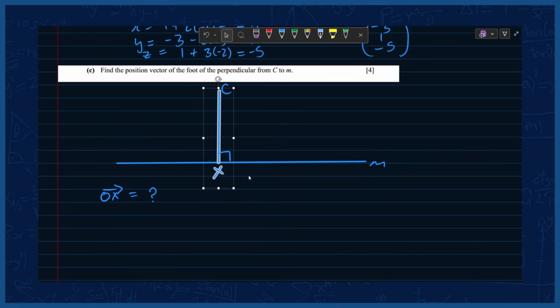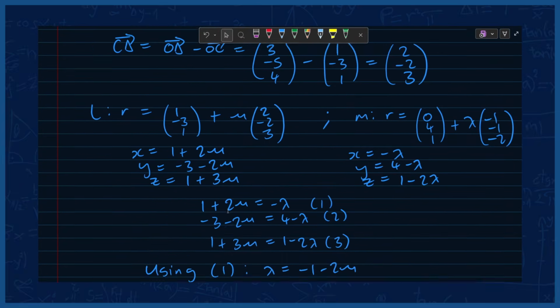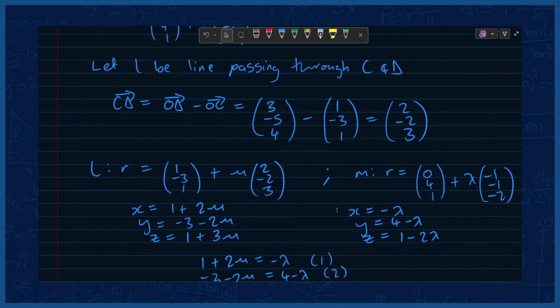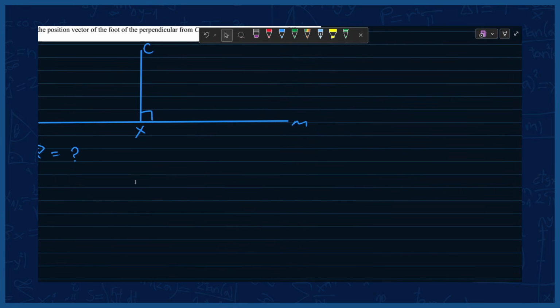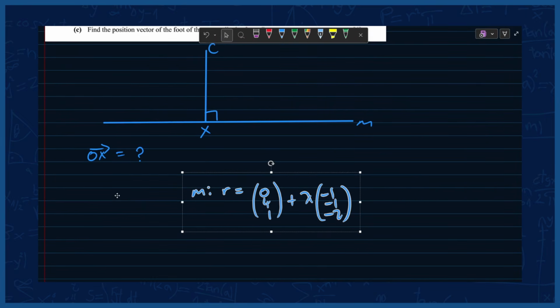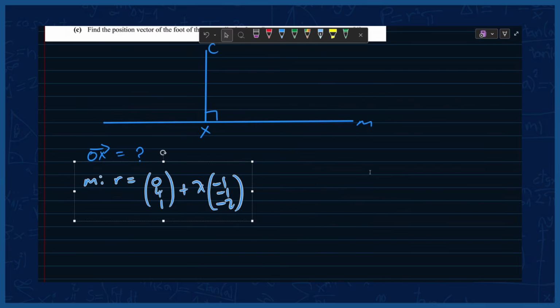So X lies on the line M, so I can get the general coordinates of any point that lies on line M using its equation. So the equation for line M is here, right? And we can write it in what's called the component form, which is similar to the parametric form we used above.